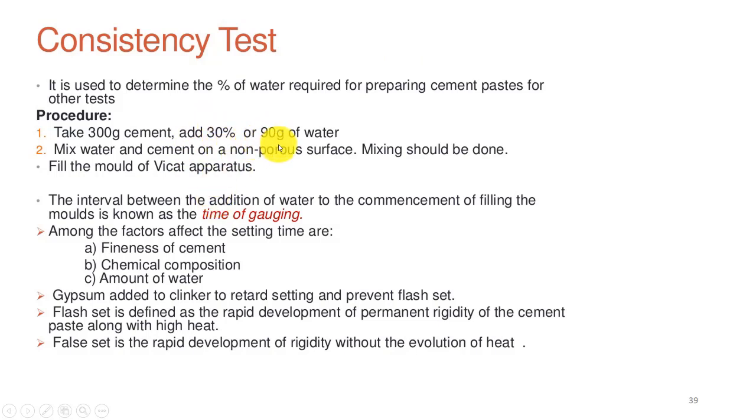So you take 90 grams of water, add it into the 300 grams, and test the penetration of the plunger into the Vicat mold. When it gains the desired consistency, it would penetrate 5 to 7 millimeters from the bottom of the Vicat mold.